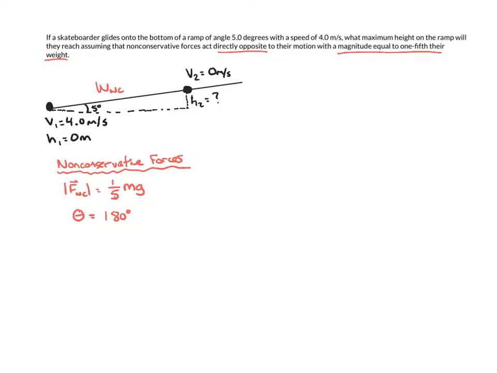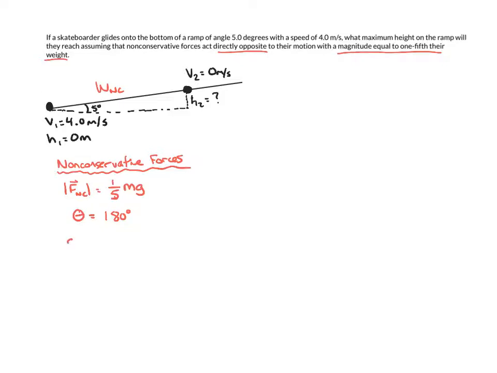Now what about the displacement? Okay, what's the displacement there? So that's a bit tricky. It's the hypotenuse of that triangle, the 5-degree triangle. So I'm actually going to apply the sine ratio.